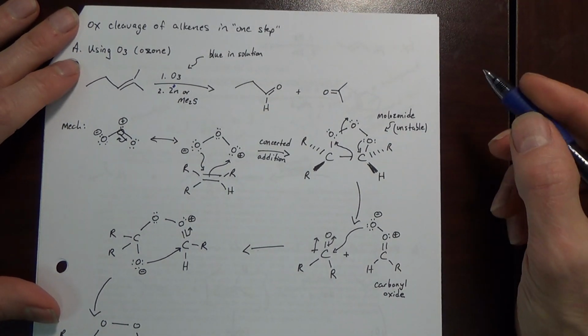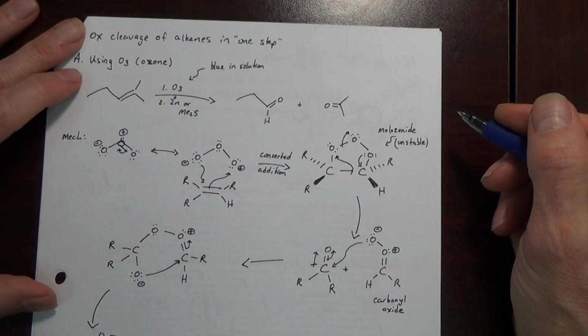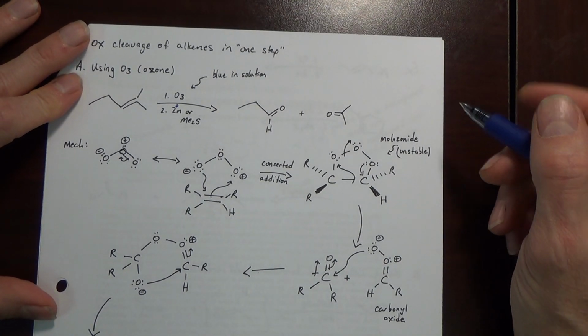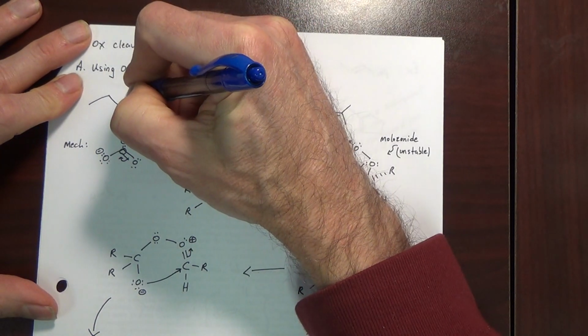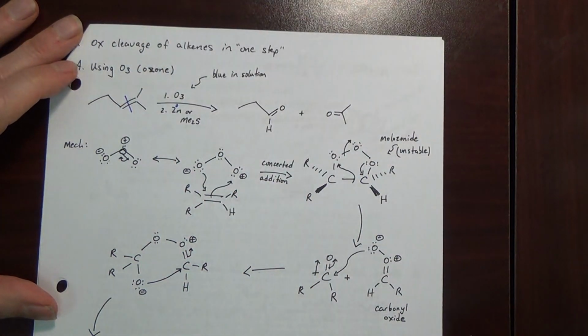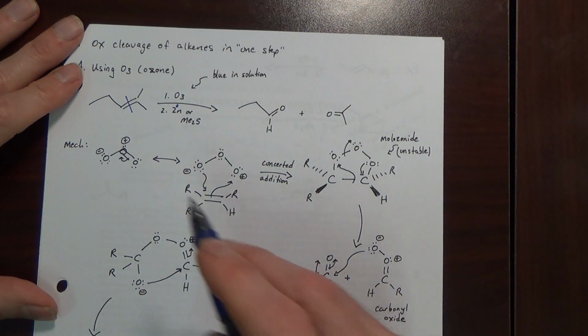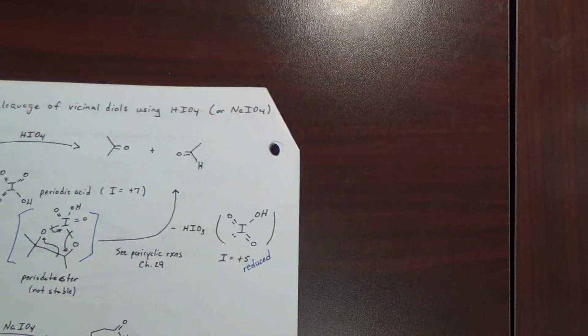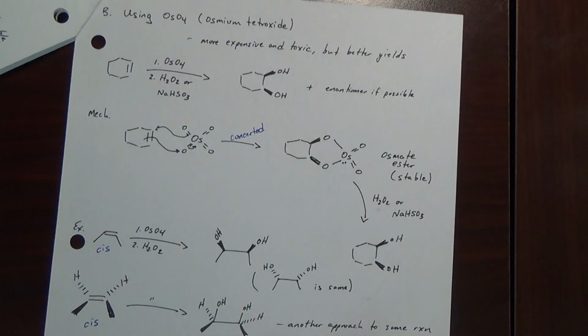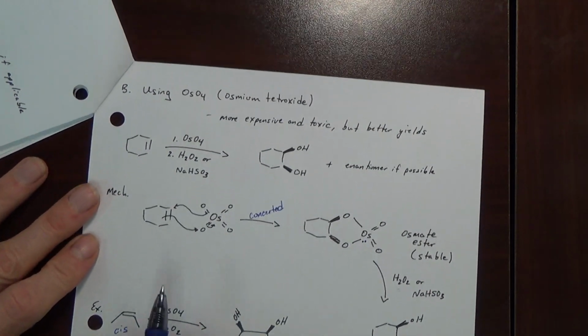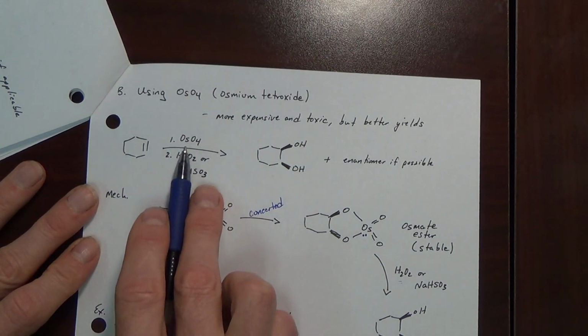Now, first off, what does ozonolysis give in terms of just predicting products? It cleaves the carbon-carbon double bond. But it doesn't put OH groups on each carbon like osmium tetroxide.